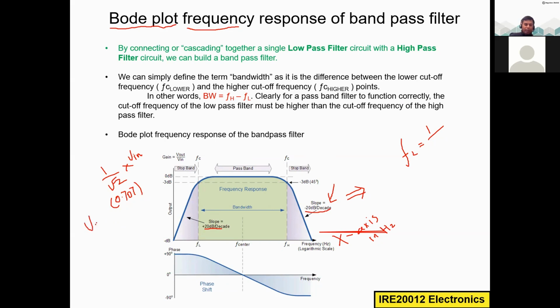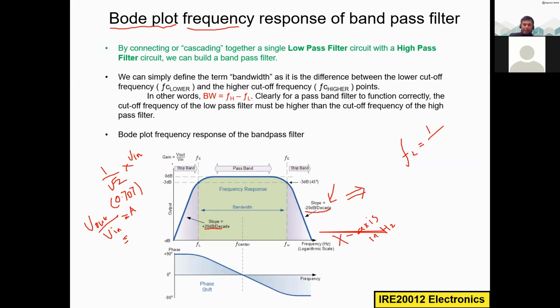We know Vout by Vin is equal to A, that is the gain, so we can also call this a transfer function. When we take this with respect to log, then we will get this value. In all the plots for frequency response analysis, we use this standard method of plotting the graph.